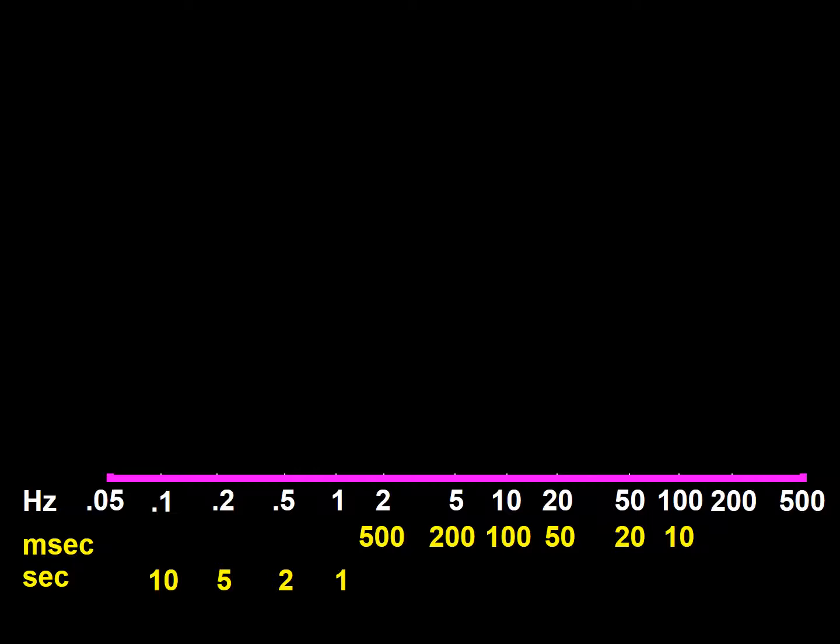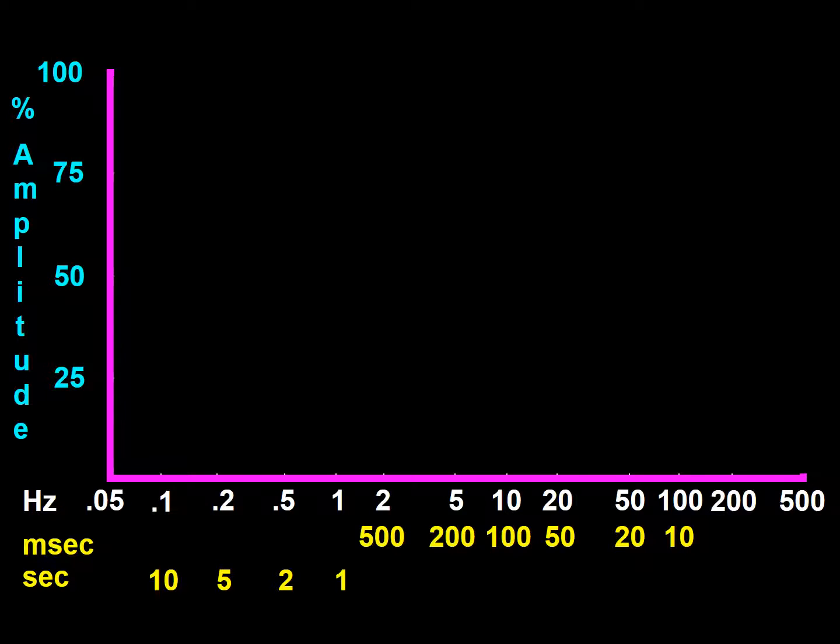And just below them, I am introducing a third type of values in seconds. This is starting at the value corresponding to 0.1 Hz. This line represents the x-axis of the chart that I will use to show the percentage of amplitude reduction of a wave produced by filtering.